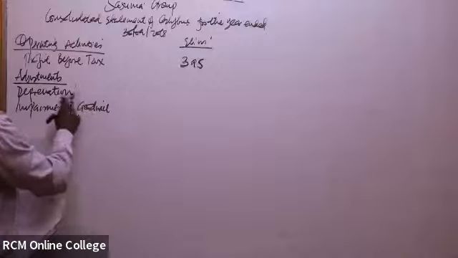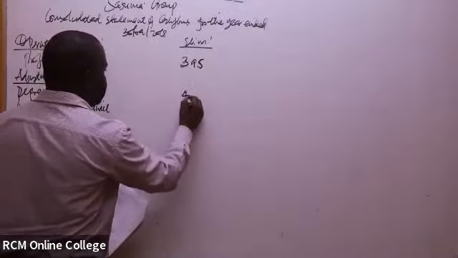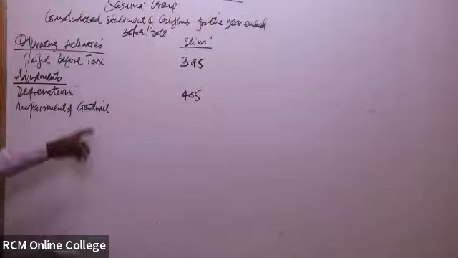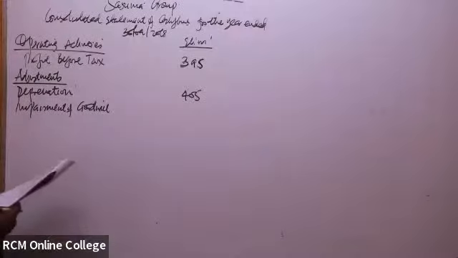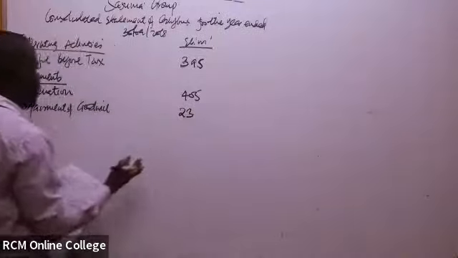Depreciation is 405. So you add it back because it was not a real outflow of cash. What about impairment? Impairment is exactly 23. You add these back because they were not real outflows of cash.